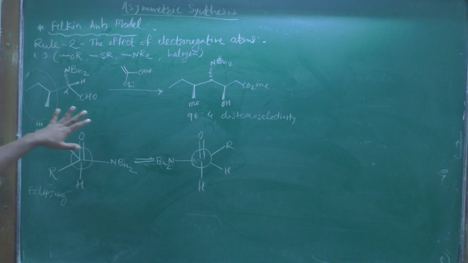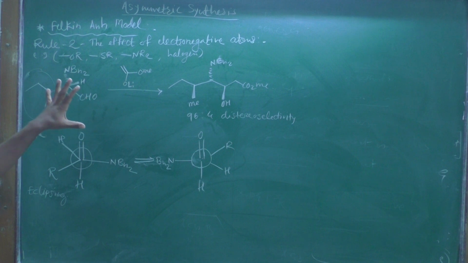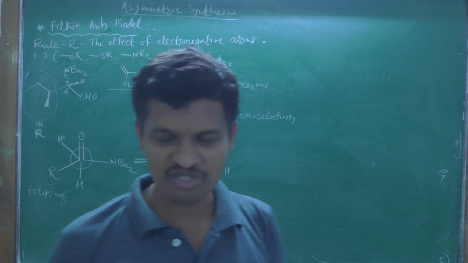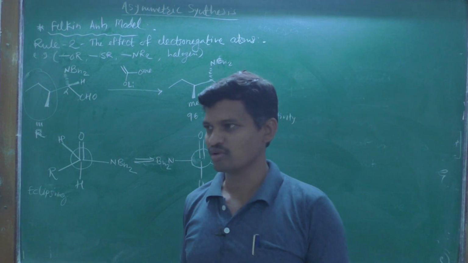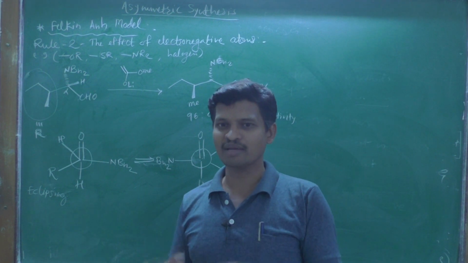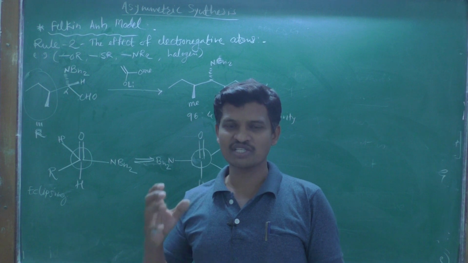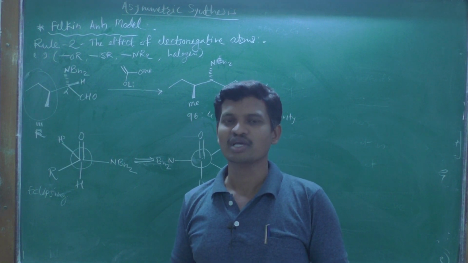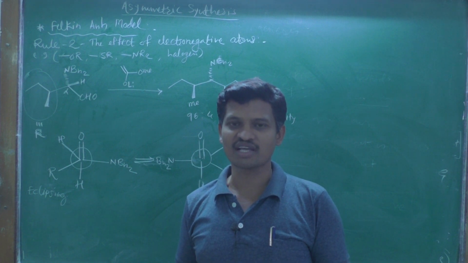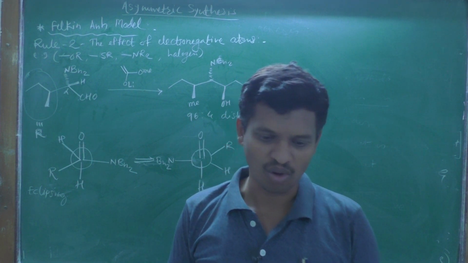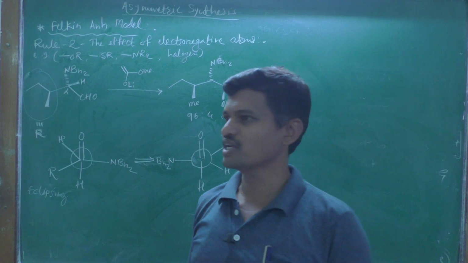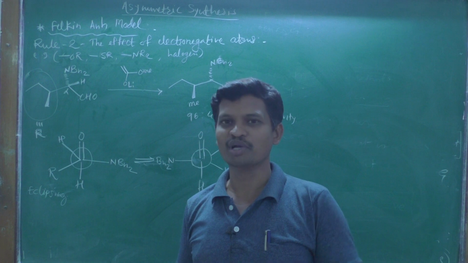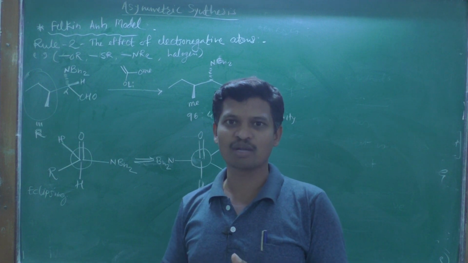So here I have taken one example. Before discussing that example, according to this rule, this electronegative atom which is present at the alpha position in the chiral aldehyde or ketone is treated just like a bulkier or larger group present at the alpha carbon atom.